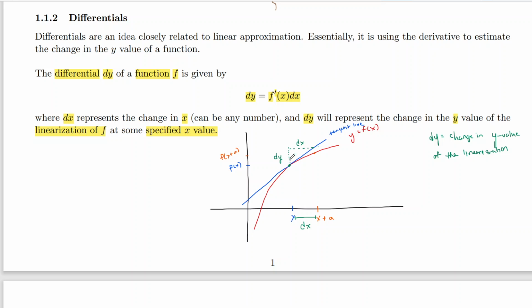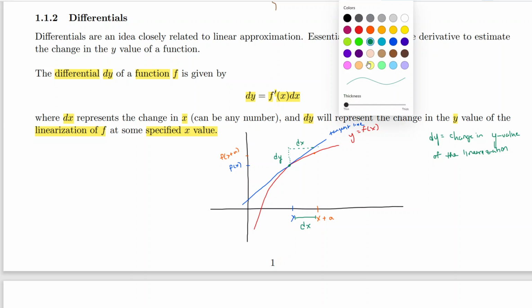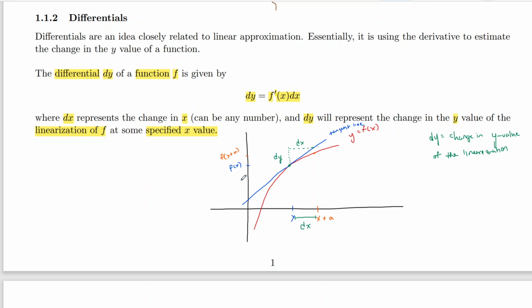Yeah, there's a lot of stuff going on because we have to have the tangent line already, but the point here is that we can use this dy to do something, and that something is actually to figure out a maximum error. So dy also gives you the maximum error.